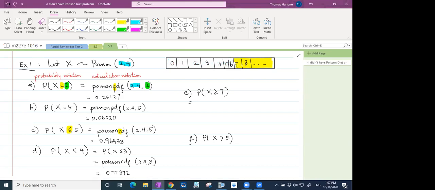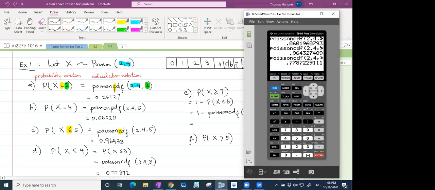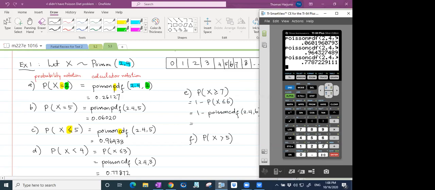So what I will do is write that as 1 minus probability that x is at most 6. That's 1 minus Poisson CDF 2.4, 6.